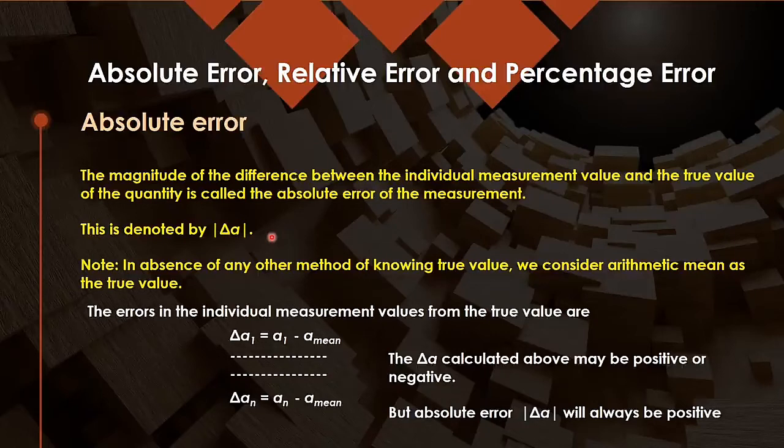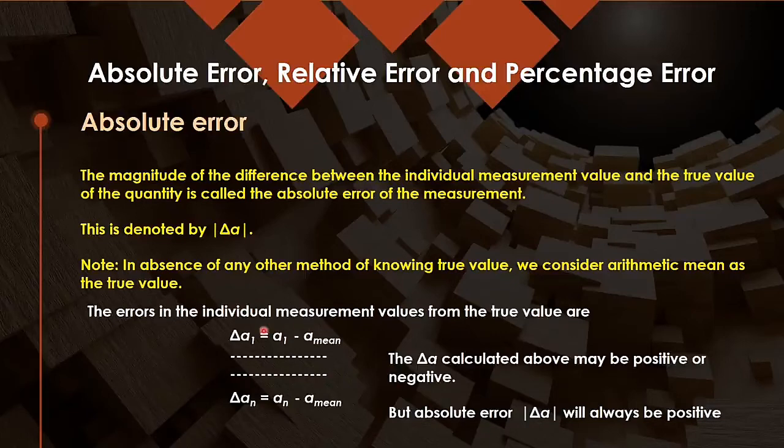Similarly, if you find 10 meter per second square, then again the error is 0.2 meter per second square, always taken with positive sign. But if in some numerical you are not given the true value, then you find the arithmetic mean of the given observations, and that mean value will be taken as the true value.